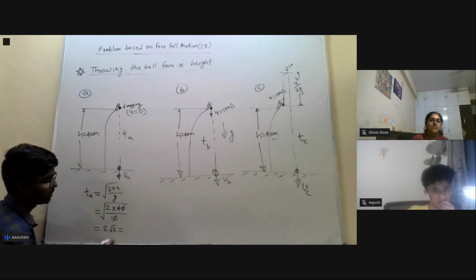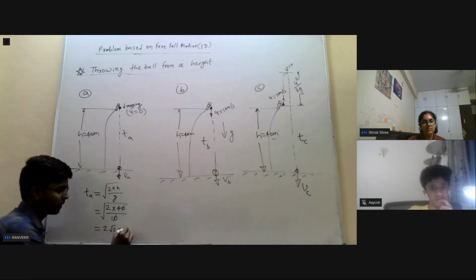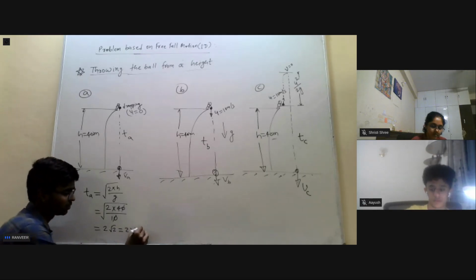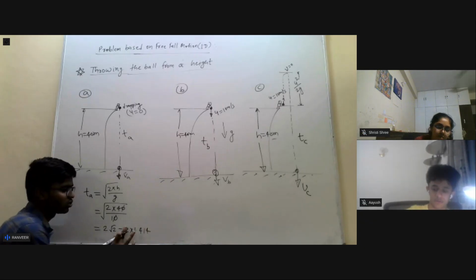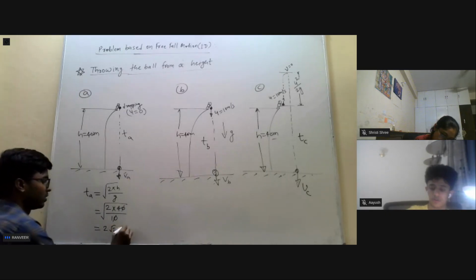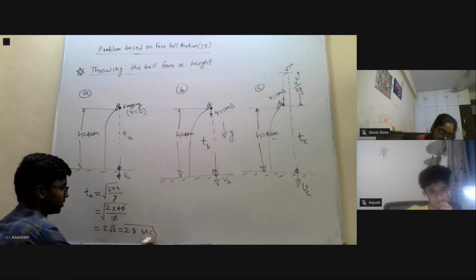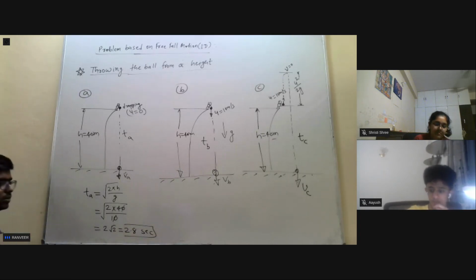What is the value of root 2? 1.414. So it means 2.8, correct? You can write 2.8, but let's take 2 only right now.